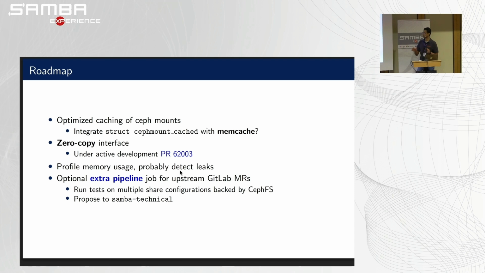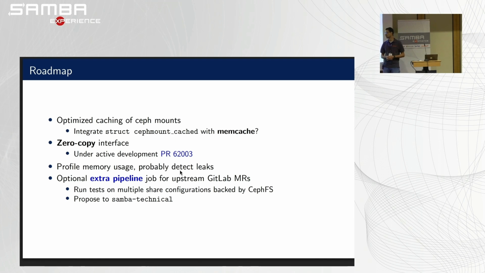Right now, it is a separate cache that we maintain. And then we have a zero copy API that is under active development on the CephFS side, so we could use that interface also. And we can look at memory usage and probably detect any leaks.